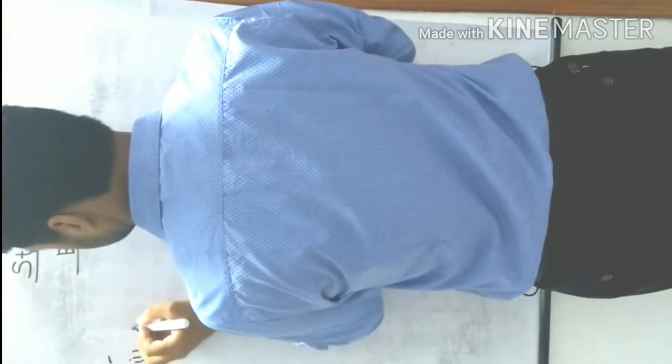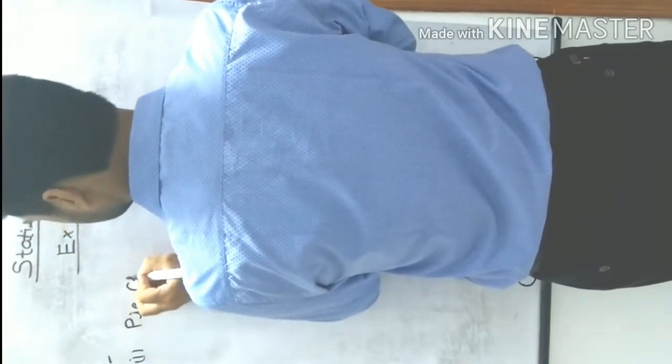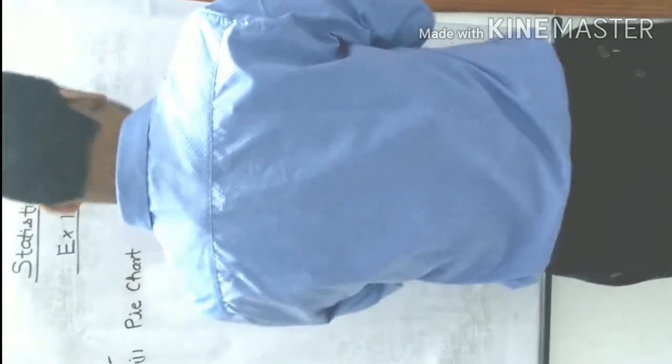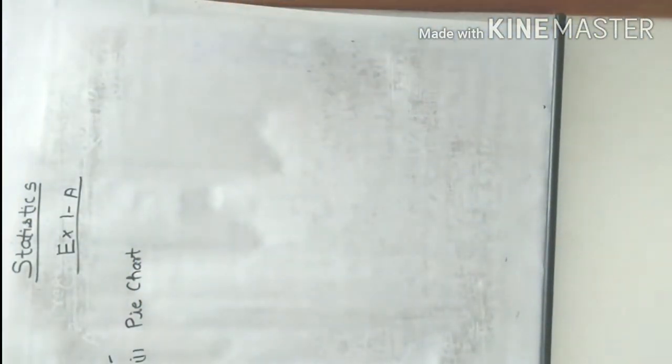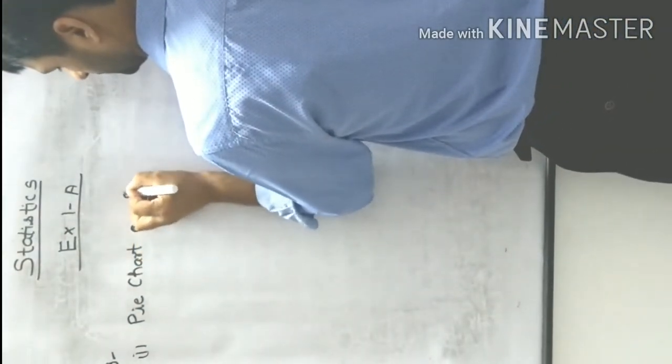When you represent things like this, it's called a pie chart or pie graph. Pie chart or pie graph, both will be correct.